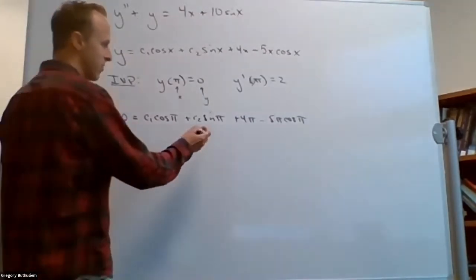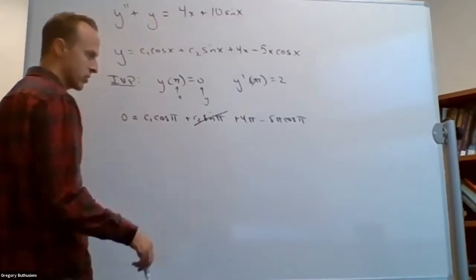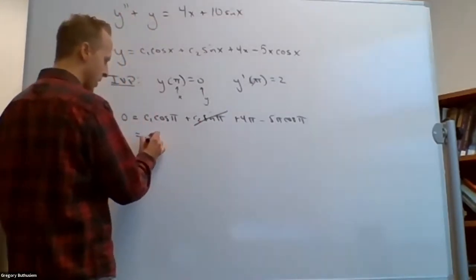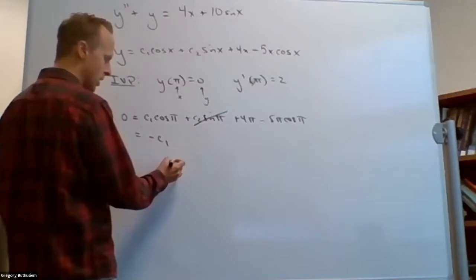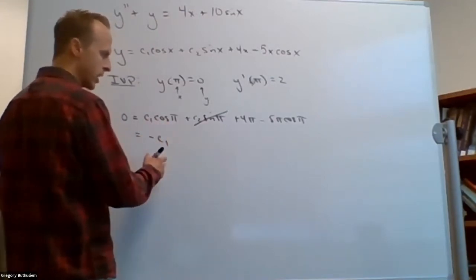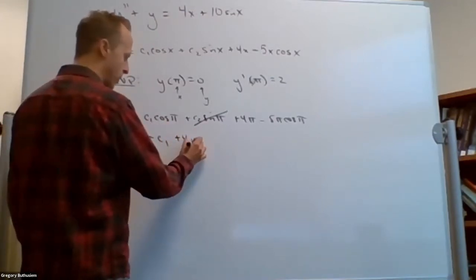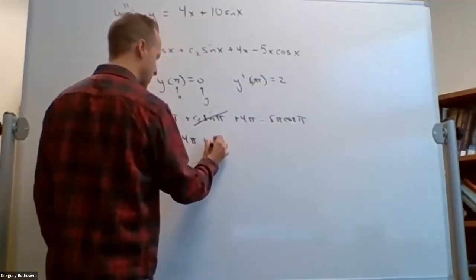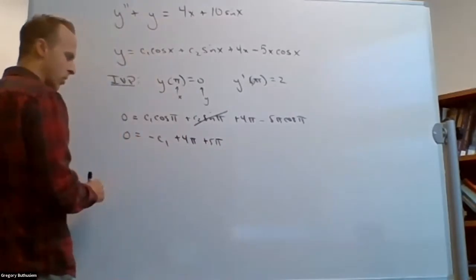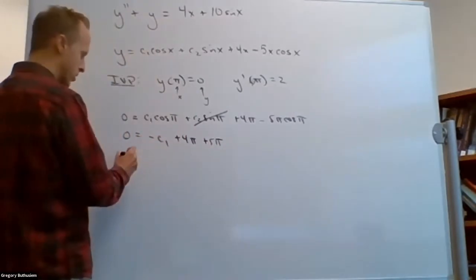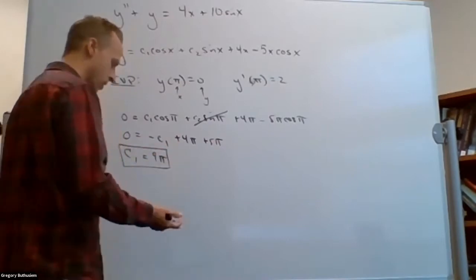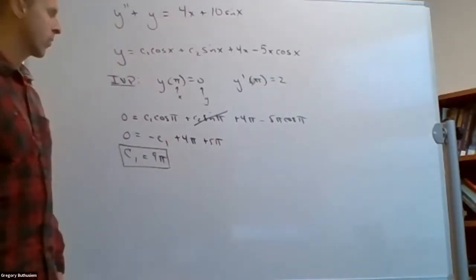No, I have that reversed before. Cosine of pi is -1 and sine of pi is 0. So if sine of pi is 0, then that term is just going to be gone altogether. This would give me negative C1, because cosine of pi is -1, plus 4 pi. This would be minus 5 pi times a -1, so plus 5 pi equals 0. So quickly you see that C1 equals 9 pi. All right, so there, we got C1 out of this thing.